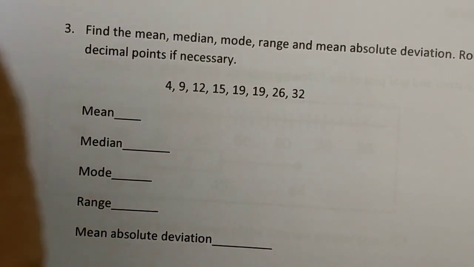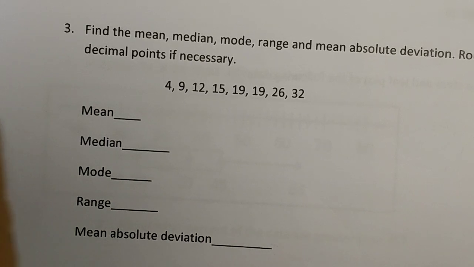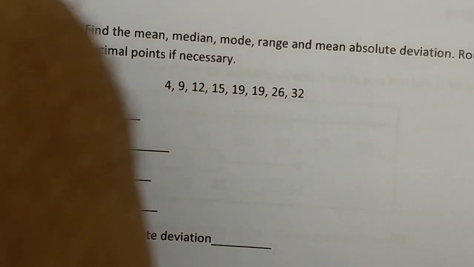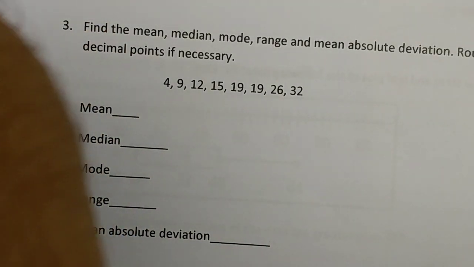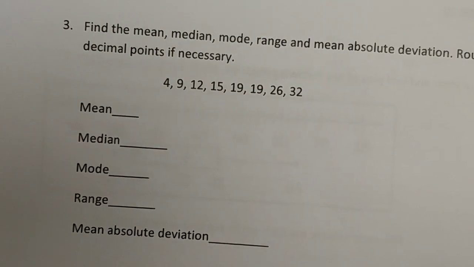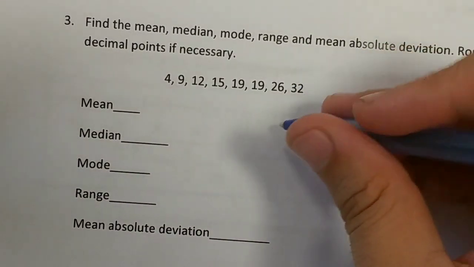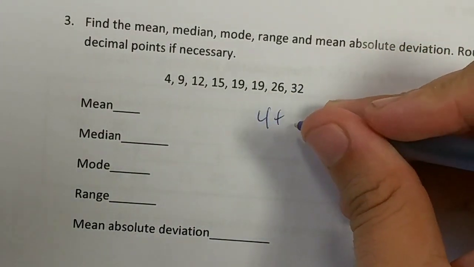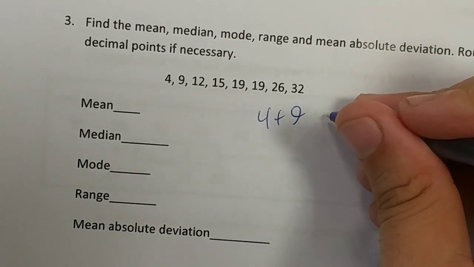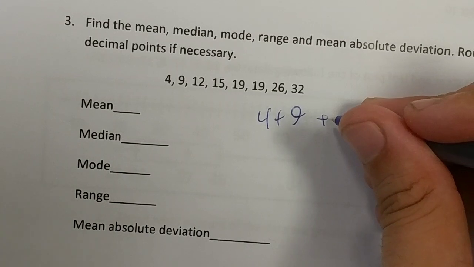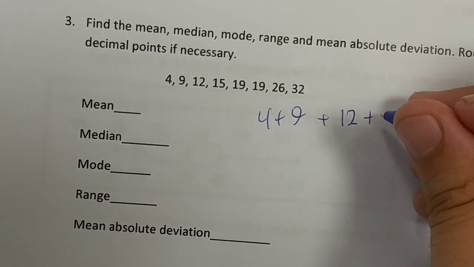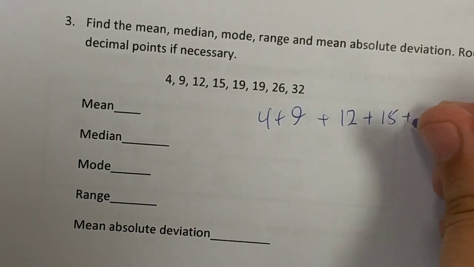So what's good about mean, median, mode, and range is that for the mean, we find the average. So you do 4 plus 9, plus 12, plus 15, plus 19.